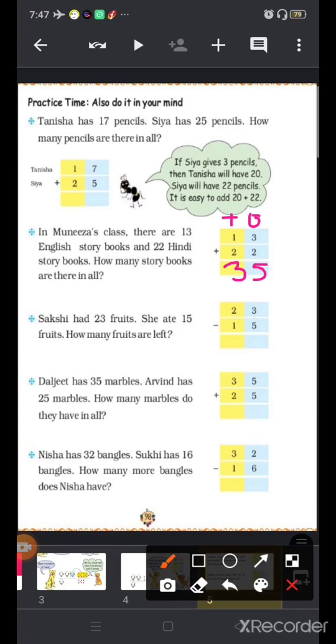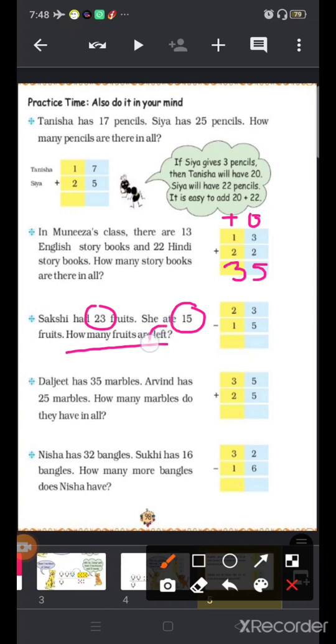Next question. Sakshi had 23 fruits. She ate 15 fruits. Now the question is, how many fruits are left?